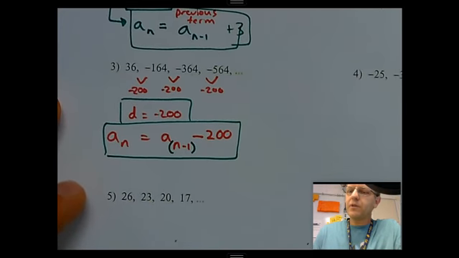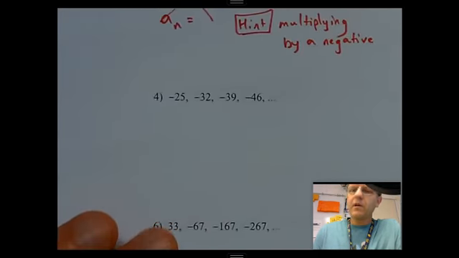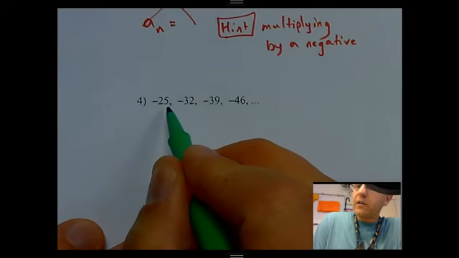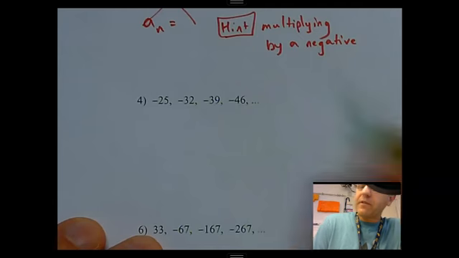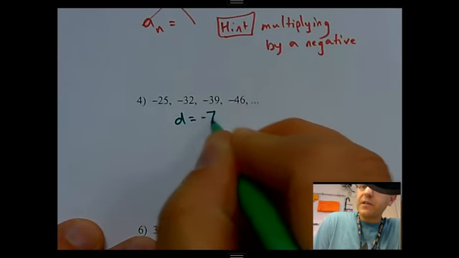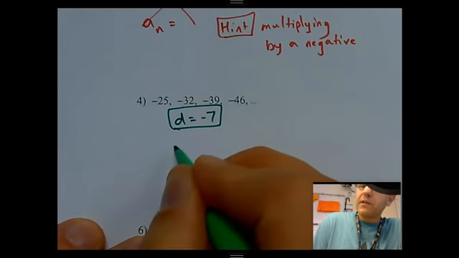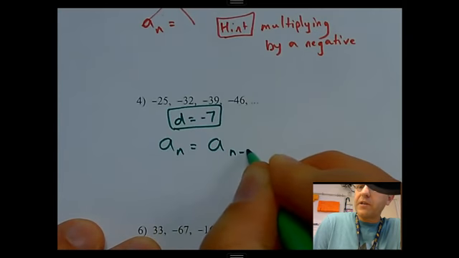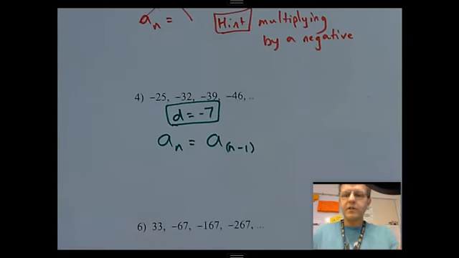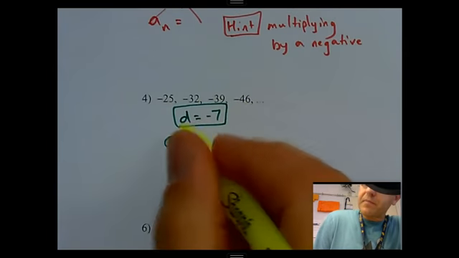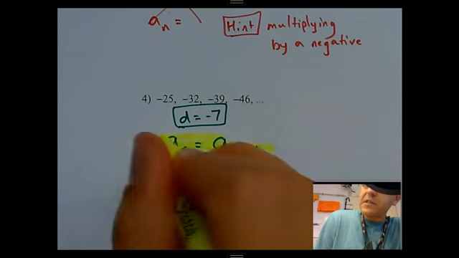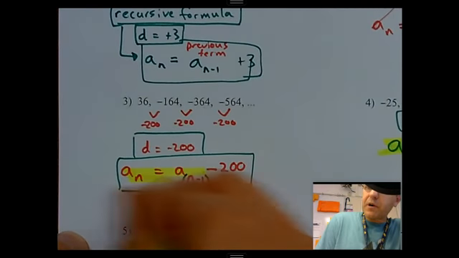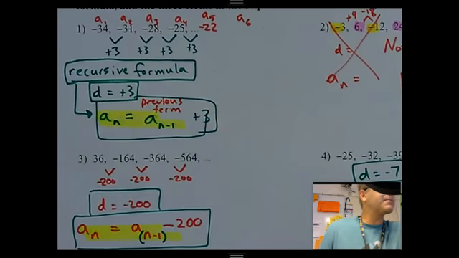Cool. Let's do a couple more. How about this one? Here we are subtracting 7 every time, so the common difference is minus 7. So our a sub n is equal to a sub n minus 1. Now I want you to notice this part stays the same every time. If we look at the other ones, wasn't that the same? This part was the same every time.